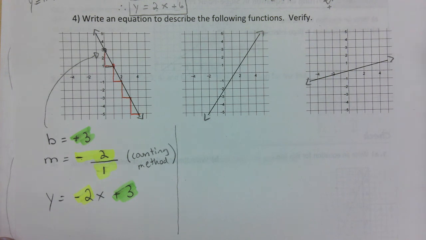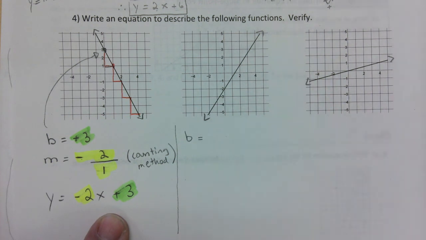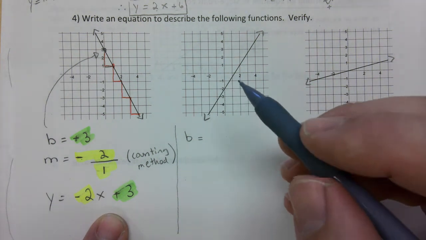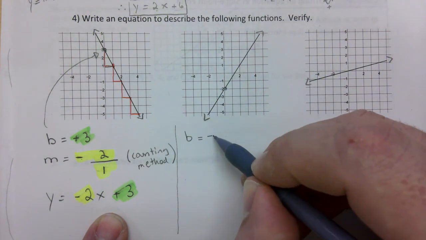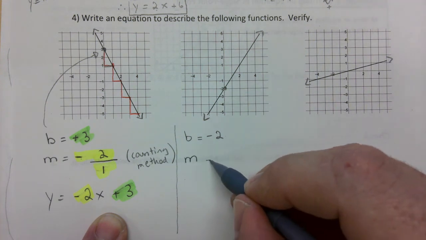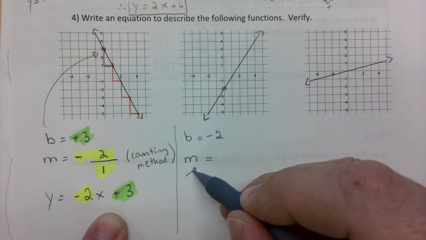Let's keep going. B is equal to negative 2 here. Slope is equal to, how about this? We make a little sign for ourselves.